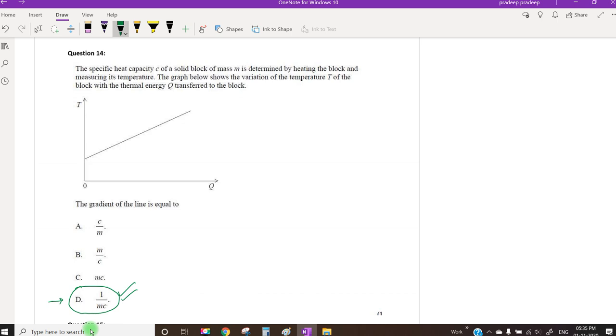This is one of those traps I was talking about which examiners set. So the formula for Q is MC into delta T, right? So if I write like this, Q by delta T is equal to MC. Sheldon, your answer would have been correct had Q been on the y-axis and delta T on the x-axis.